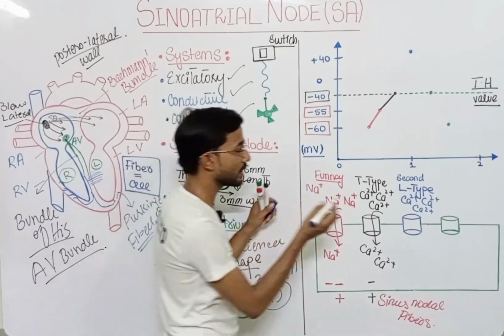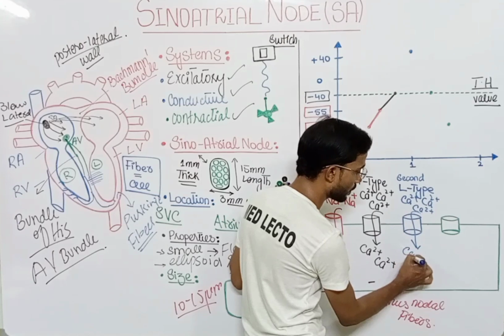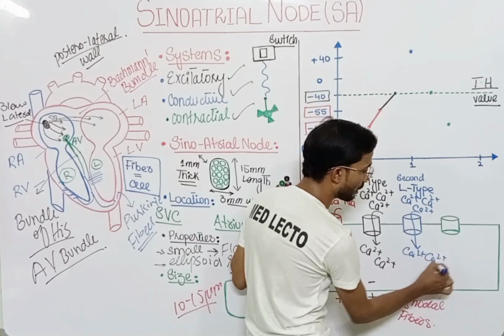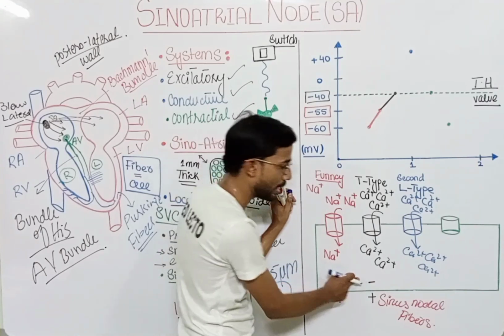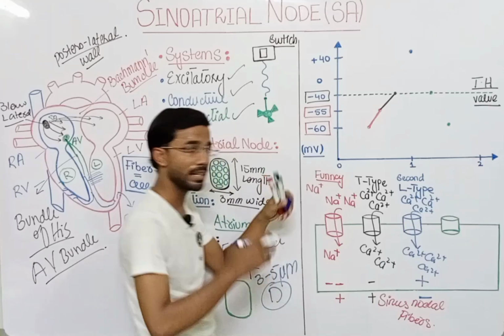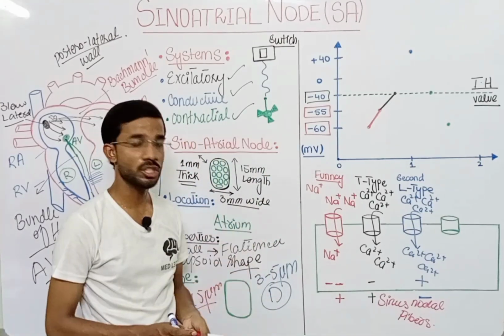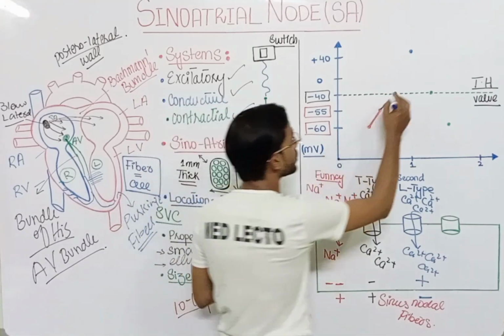In that situation, the calcium that is present outside starts moving inward. Okay, then what will happen? The remaining negative sign will convert into positive, and the outer will become negative. Now the sign has been changed: inside becomes positive and outside becomes negative.